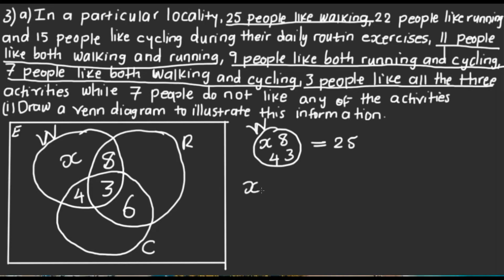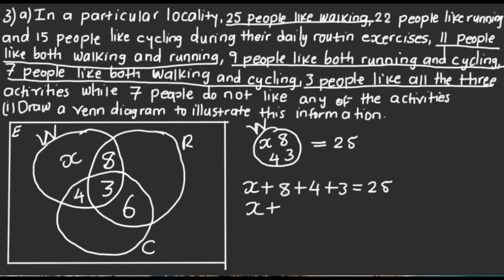So I'll say X plus 8 plus 4 plus 3 is equal to 25. So X is representing the number of people that liked walking only. They did not do any other activity.